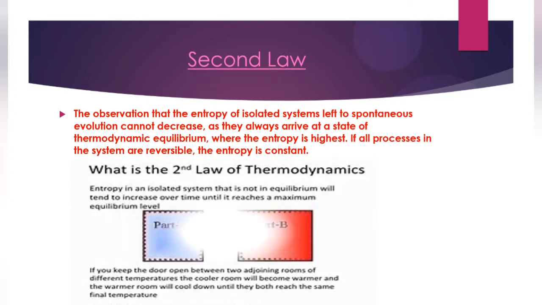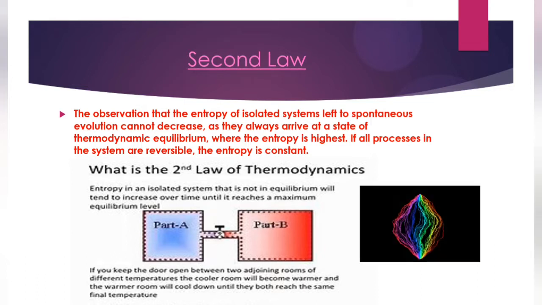Entropy in an isolated system that is not in equilibrium will tend to increase over time until it reaches a maximum equilibrium level. If you keep the door open between 2 adjoining rooms of different temperatures, the cooler room will become warmer and the warmer room will cool down until they both reach the same final temperature. This is the randomness of the particles.